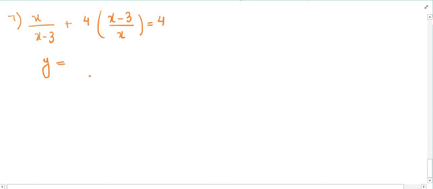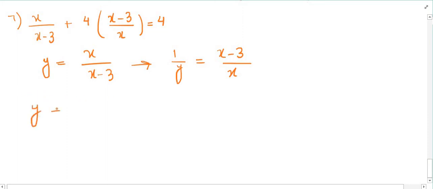If you substitute y equals x by (x minus 3), then what is the reciprocal of this? We can take this substitution. It becomes y plus 4 by y equals 4.